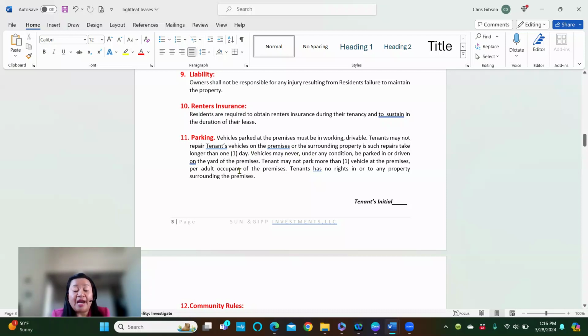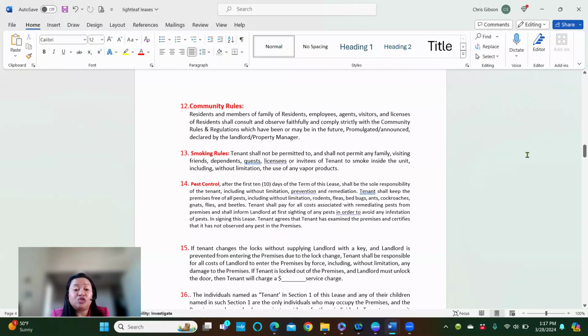And we also don't allow a trailer or an expired tag. So all the vehicles must be workable and have no expired tag. So we write it here, parking. Yeah, that's common. Don't forget to put it in here.